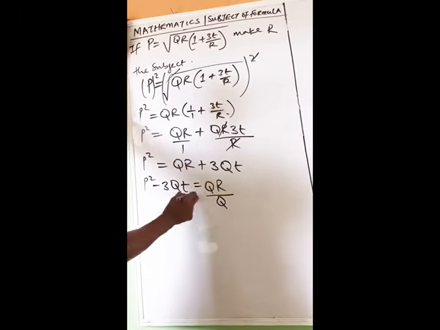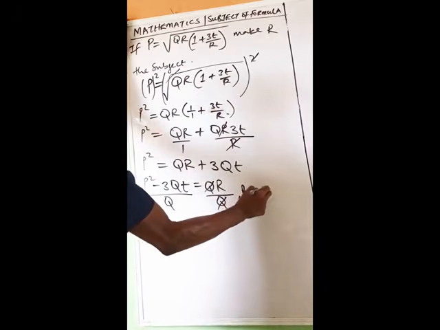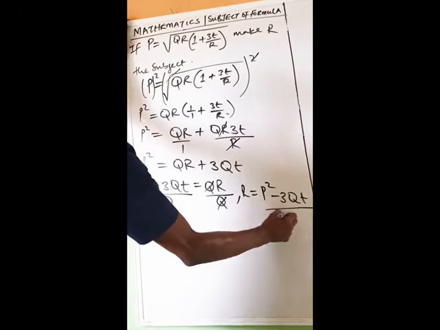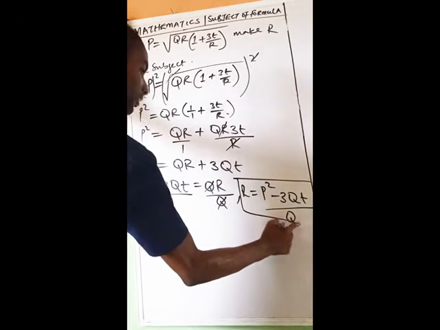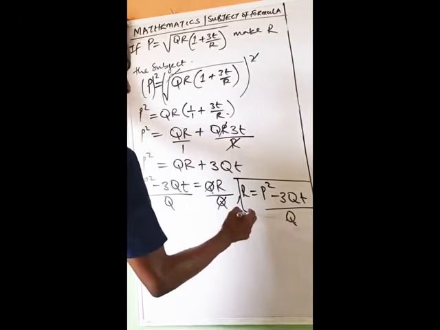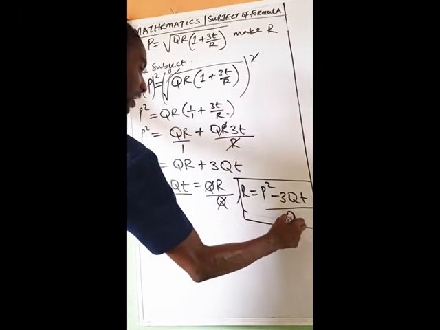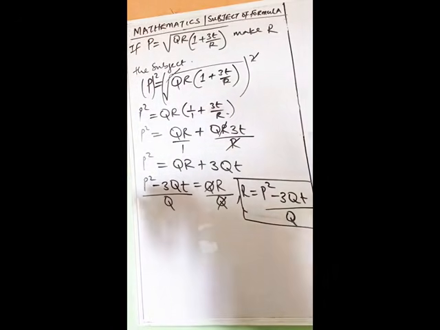Now we divide both sides by Q. Then we have R equals P squared minus 3qt all over Q. That is the answer. So by this, you've been able to make R the subject of formula. The final answer is R equals P squared minus 3qt over Q.